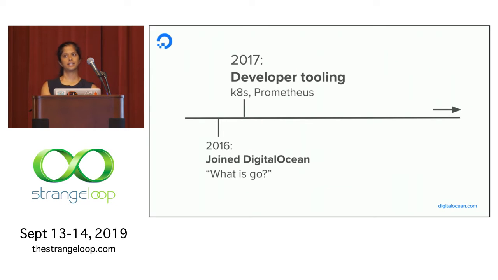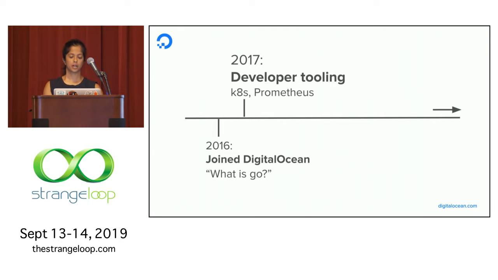So that was 2016, but by 2017, I was working on internal developer tooling at DigitalOcean. So this meant I worked with Kubernetes, specifically how we could use Kubernetes internally. If you're not familiar with Kubernetes, it is a container orchestration and scheduling solution.